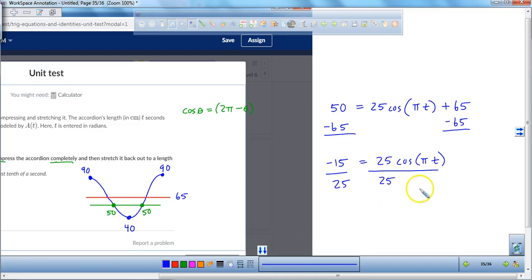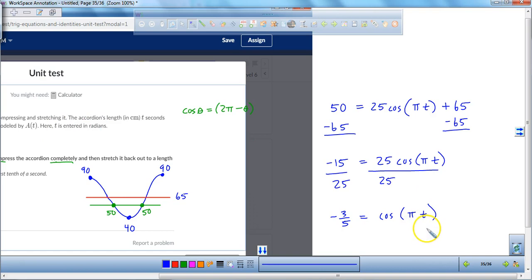So once again, negative 3/5 equals the cosine of pi times t. Now, we're in radians right now because it says t is here. So we got to make sure we're in radians.